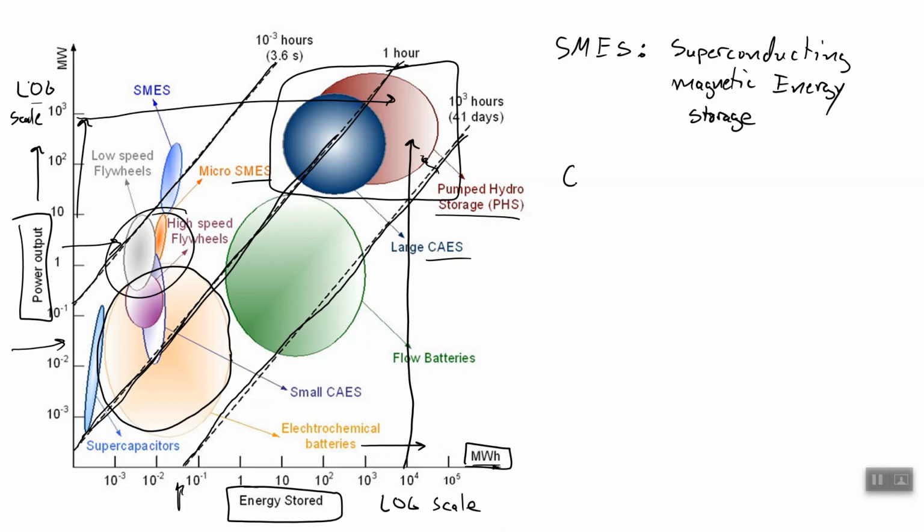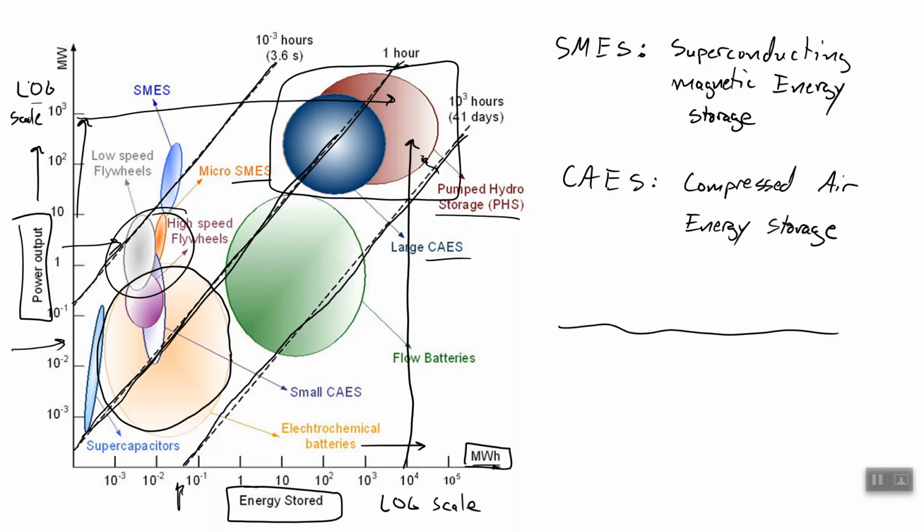And then we also have CAES, which is compressed air energy storage. So here, say you have a cave that is very well sealed underground. What we do is we've drilled down and established a pipeline, and we have some sort of a pump.